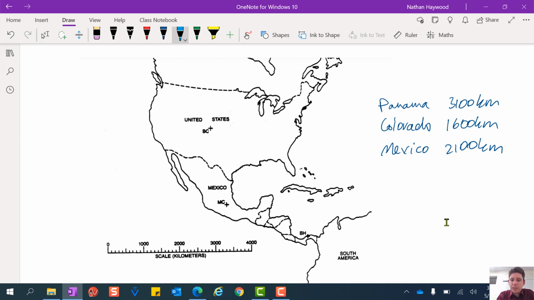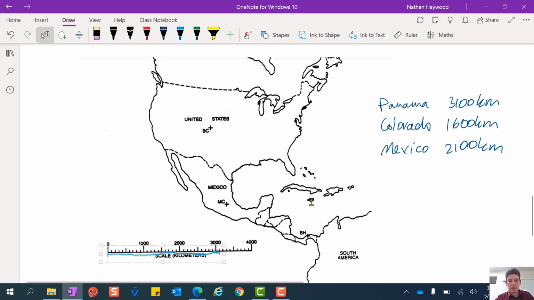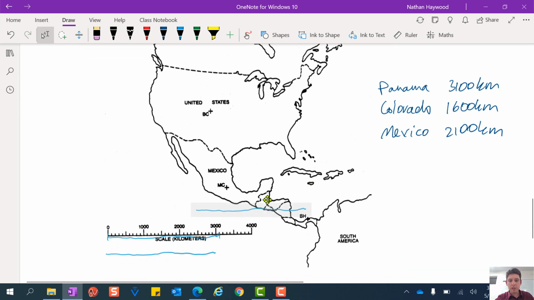So BH is where Panama is. It's 3,100 is how far away the earthquake is from Panama. So we need to draw that distance in a circle, or that's our radius of our circle.